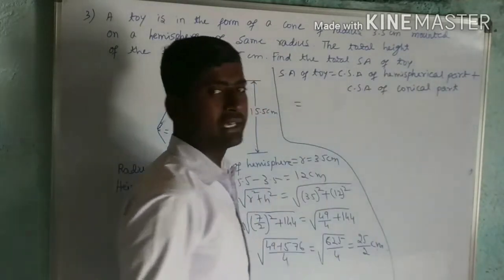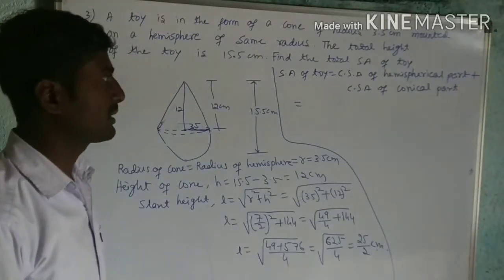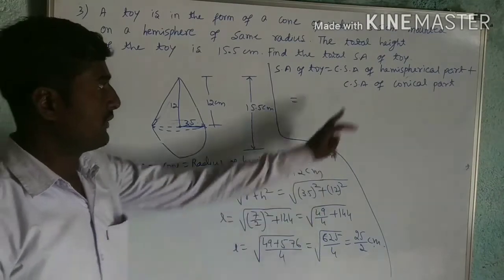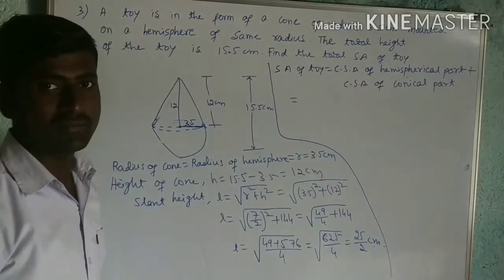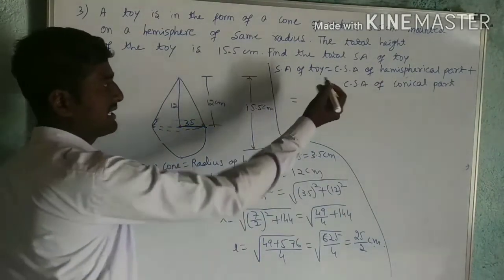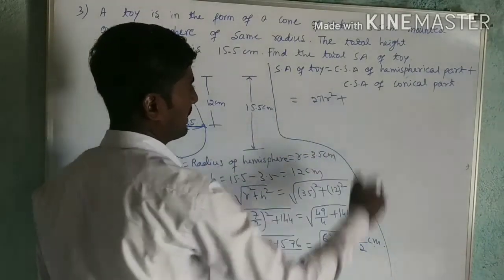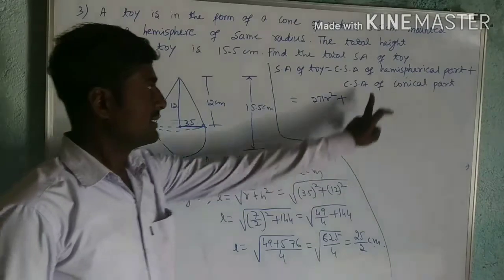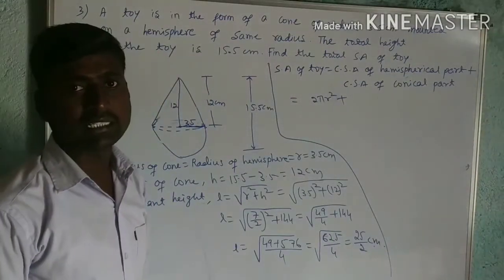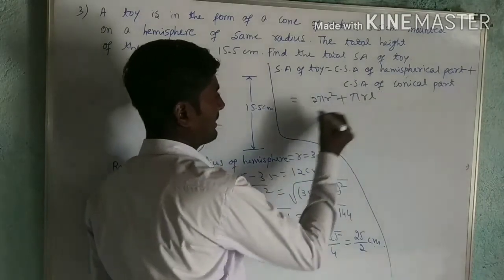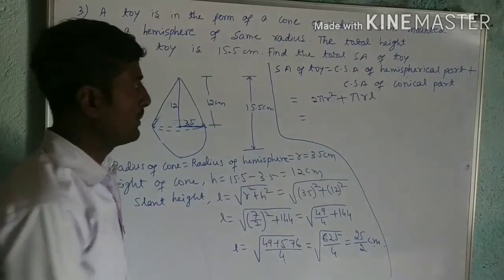CSA of hemisphere is 2 pi r square, plus CSA of conical part, that is CSA of cone, which is pi r L.